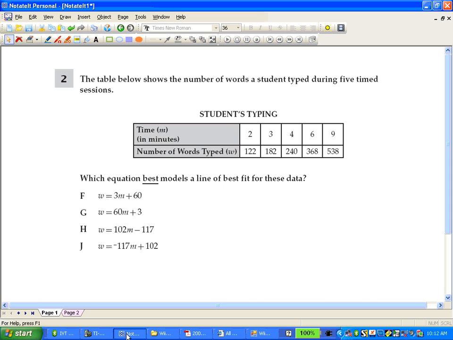It's not F, it's not H, it's not J. It's definitely G. Alright, so little problems with the pen. So it's G. That's our answer.